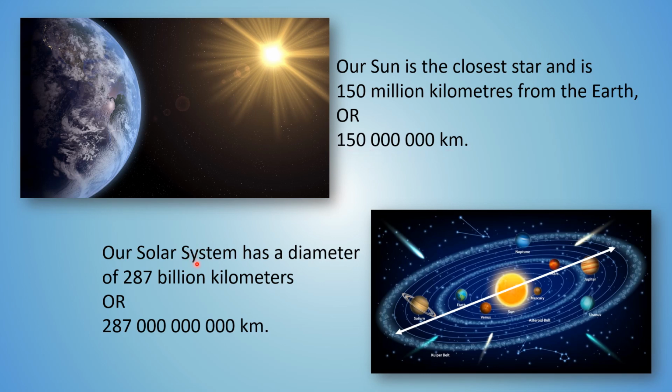And the diameter of the solar system is about 287 billion kilometers from one side of the solar system along the diameter to the opposite side. If we write this number out, it's a 287 with 9 zeros. So you can see that these numbers are really large and really difficult to work with.